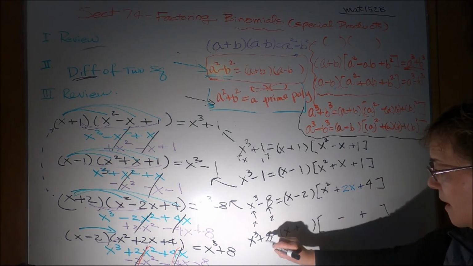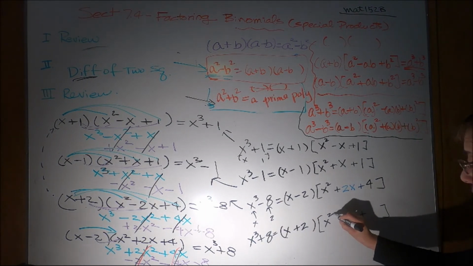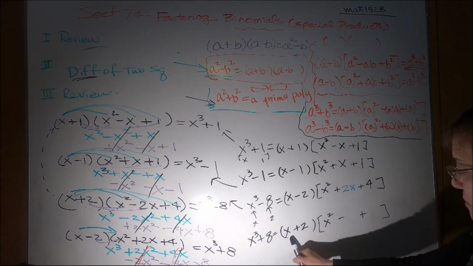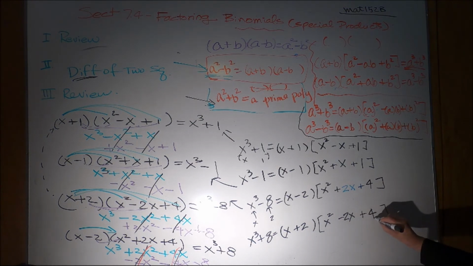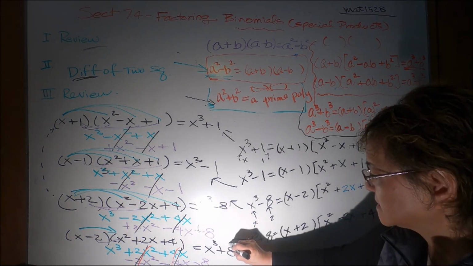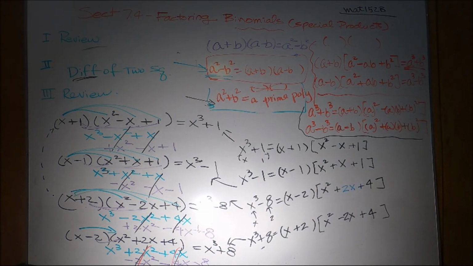So that will be your A and B, x and 2. This one will be what? x squared. Then middle term will be what? 2x. Last term is 2 squared, which is 4. So that's this case. Did we get back how we multiply them? Right?